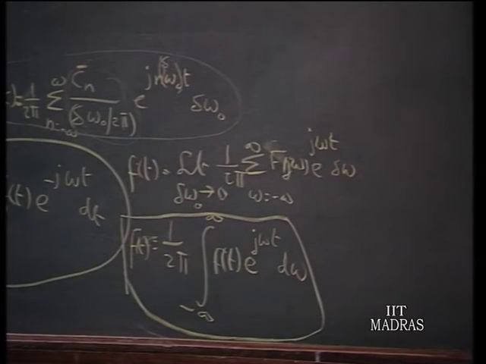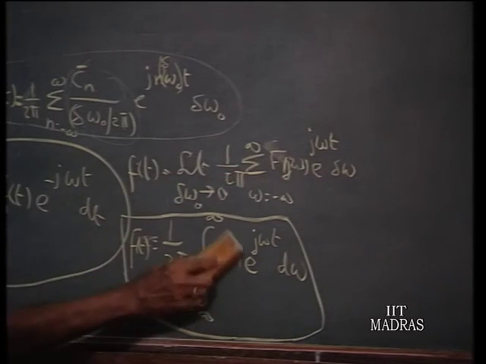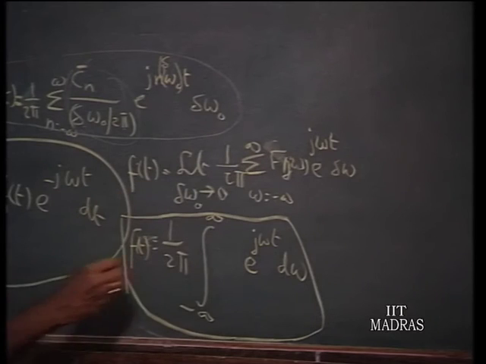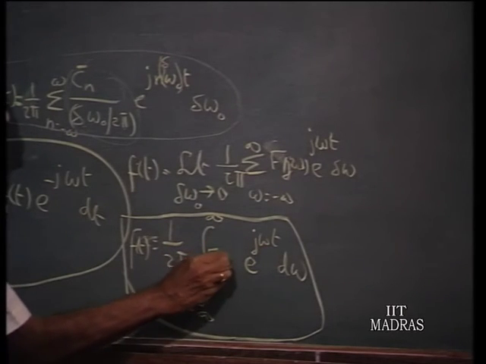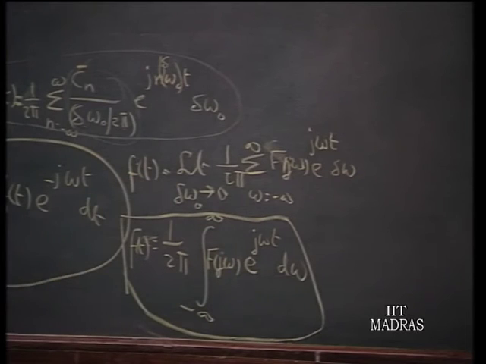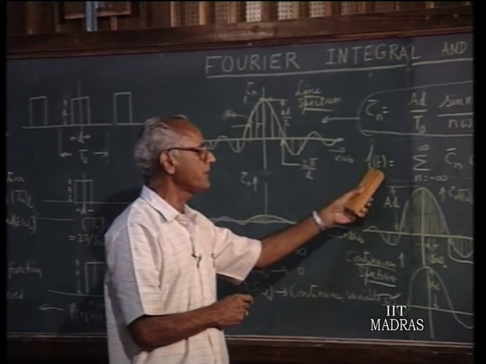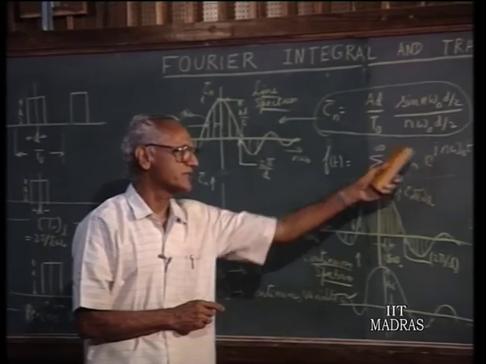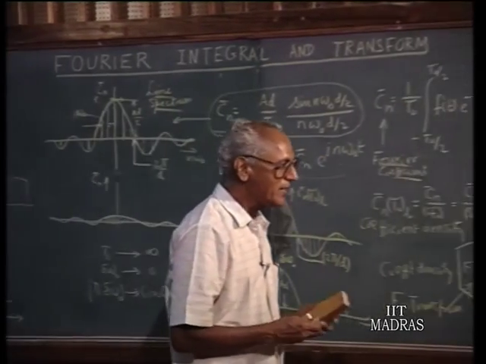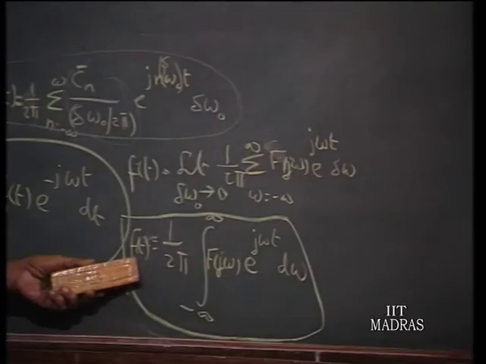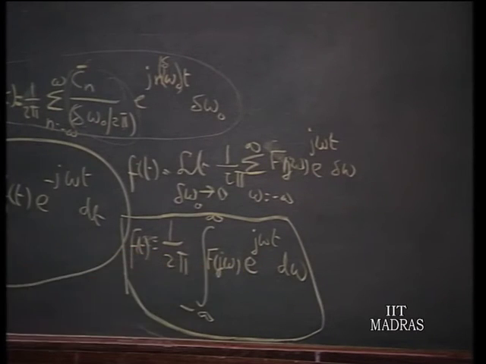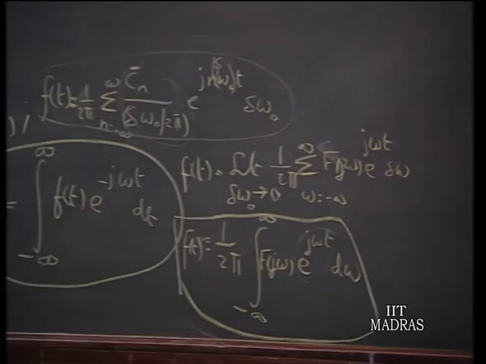So, what do we have? This is F of omega. I am sorry. This must be F of j omega. So, instead of a Fourier series for f of t, instead of f of t being thought of as a summation of several exponential functions like this, what we are really having is f of t consisting of similar exponential functions e to the power of j omega t, where omega can take any value from minus infinity to plus infinity.